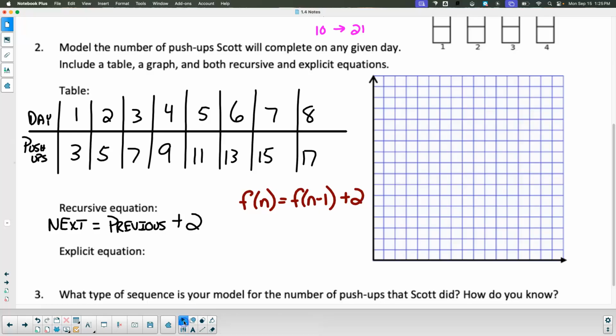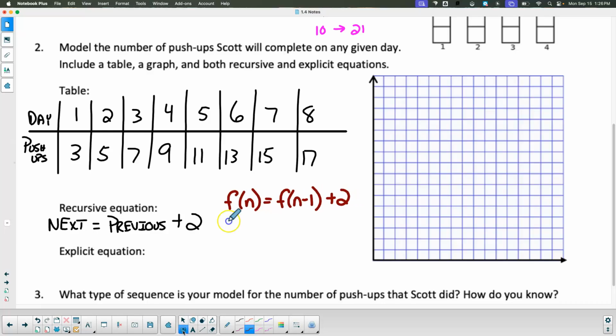Or I could write it with f of n plus 1 equals f of n plus 2. Either one of those works for a recursive equation. And that gives us the next term is the previous term plus 2.